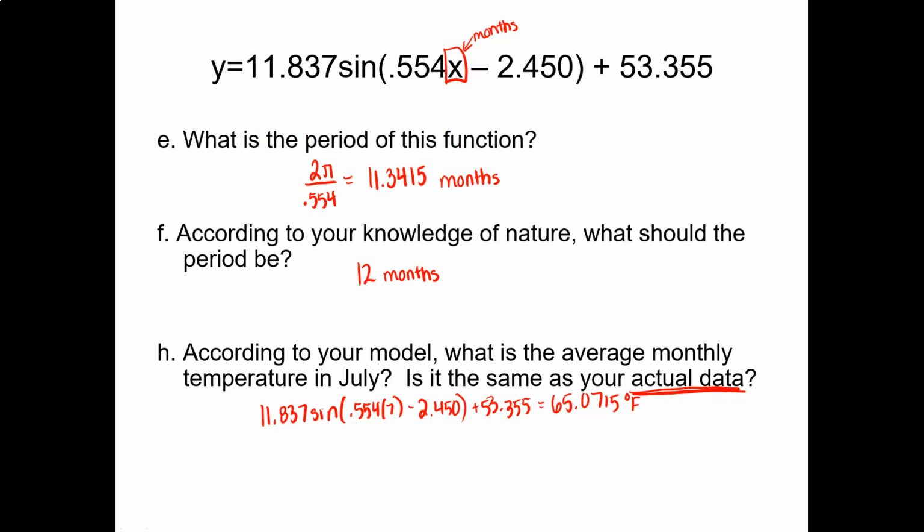We could do that in degrees, but if we did, we'd have to do 360 divided by 0.554. So everything we've been dealing with, we've been using radians. It doesn't really affect the amplitude or the midline, but it does affect your period and your phase shift.